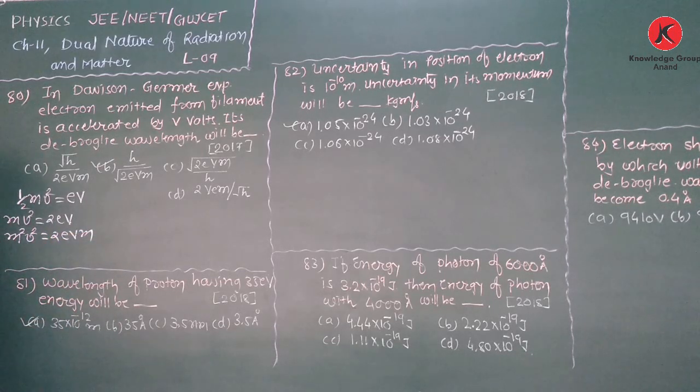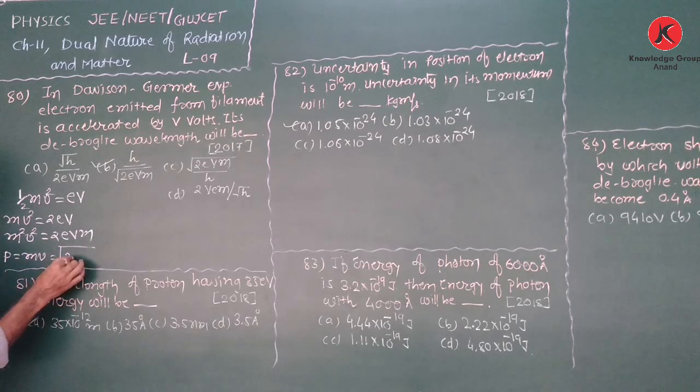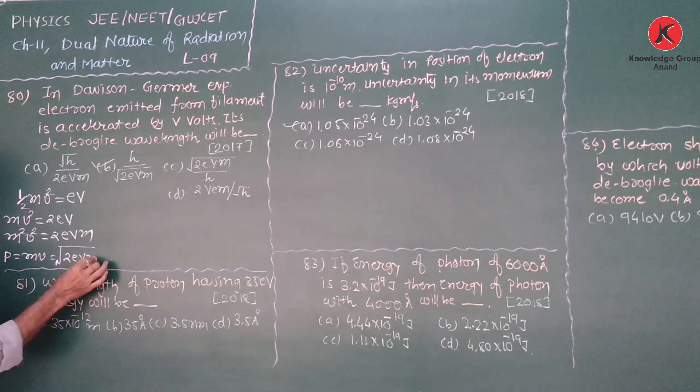Therefore, m squared v squared is equal to 2eVm. We know that momentum p is equal to m v, so m squared v squared is the momentum squared. Therefore, p is equal to m v, which is equal to the square root of 2eVm.